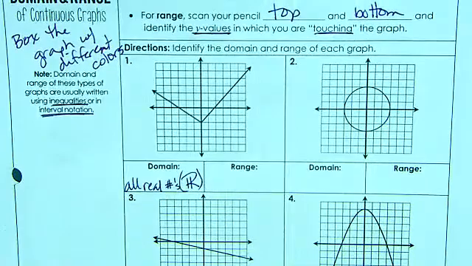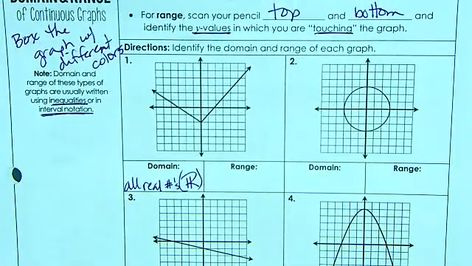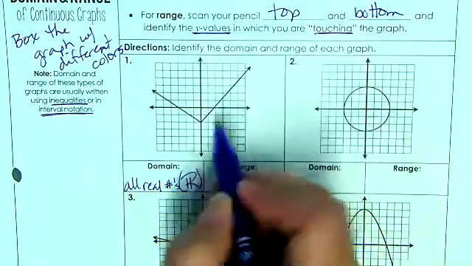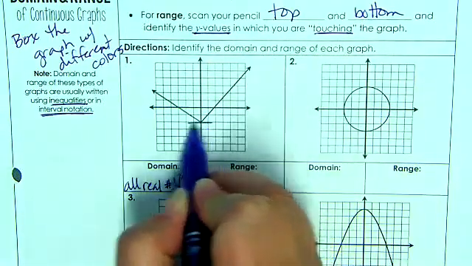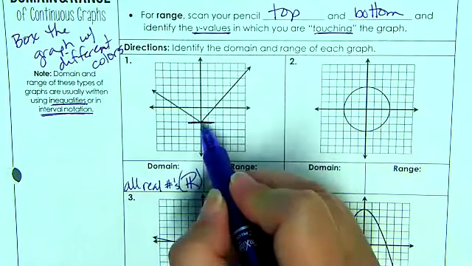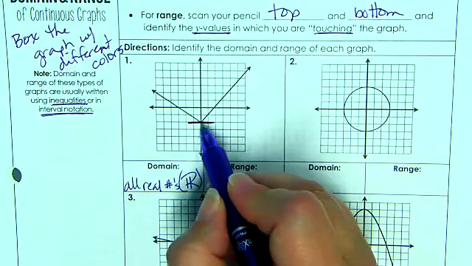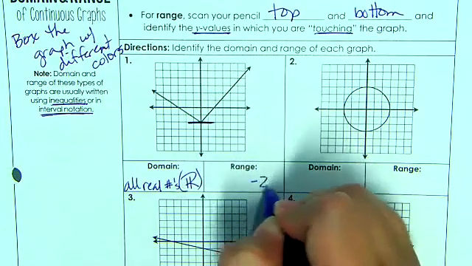The range is where we get a little bit more detail oriented. If I'm looking at how much is going up or down, it's not going any lower than this right here. The graph is not anything below this, and that is located at -2.